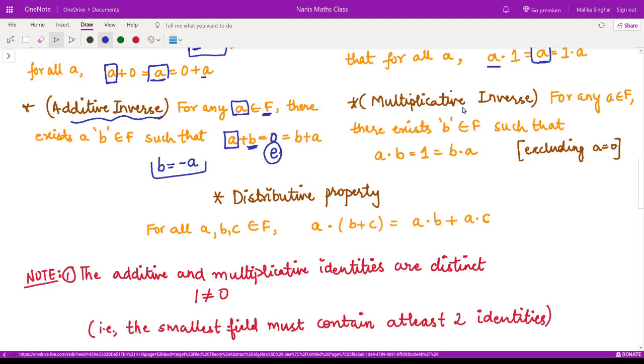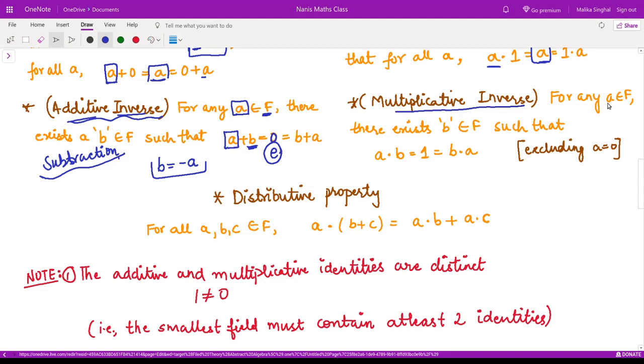Then multiplicative inverse is what? Here basically this operation, additive inverse, means subtraction, but in terms of notation we don't use the word subtraction. We use the word additive inverse in place of subtraction. Likewise here in place of division we have multiplicative inverse.